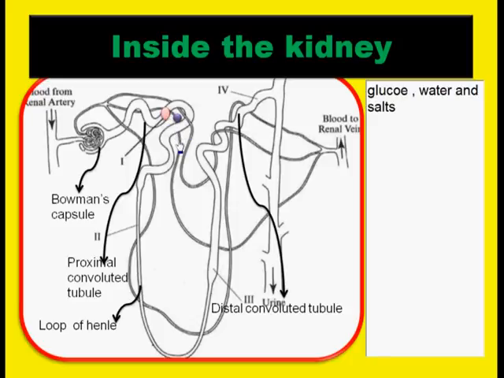Filtrate into the capillaries, and then what happens now? Reabsorption. So reabsorption takes place where? In the proximal convoluted what? Tubule. Right at that region, reabsorption of glucose, water, and salts takes place.